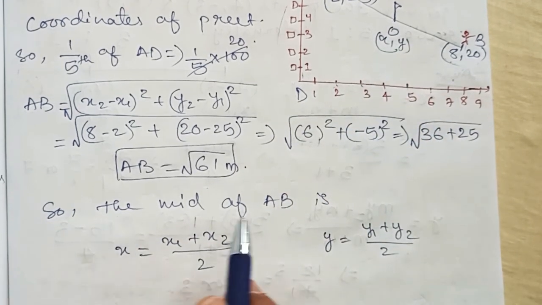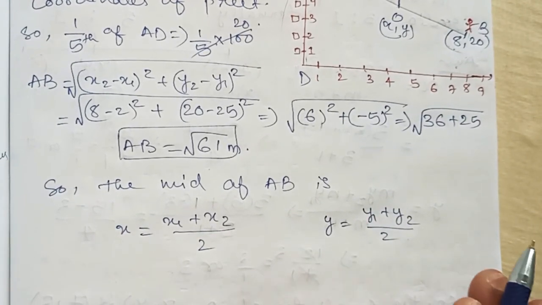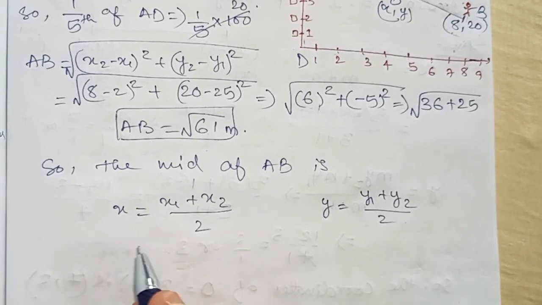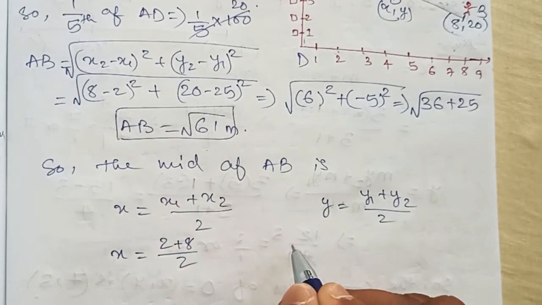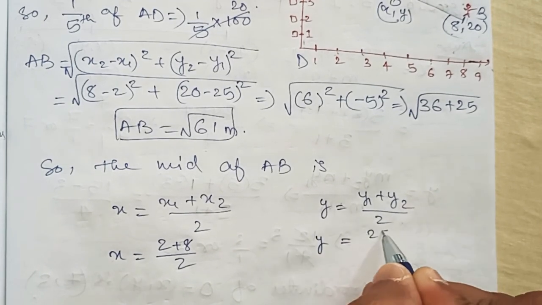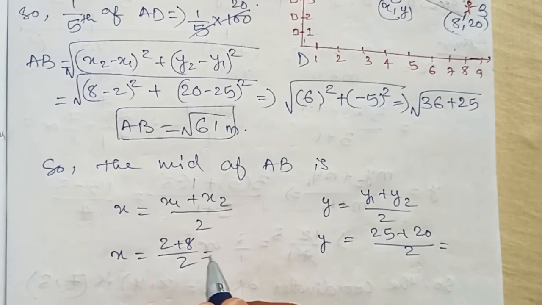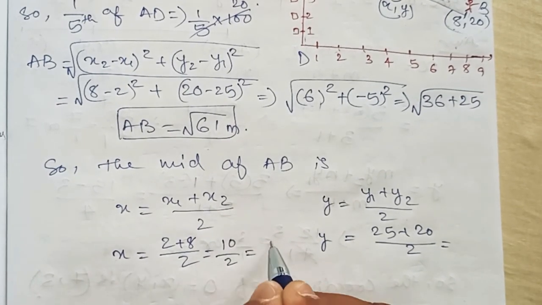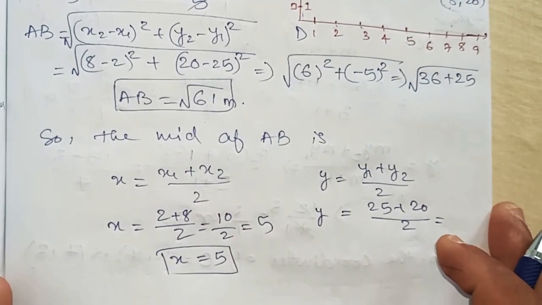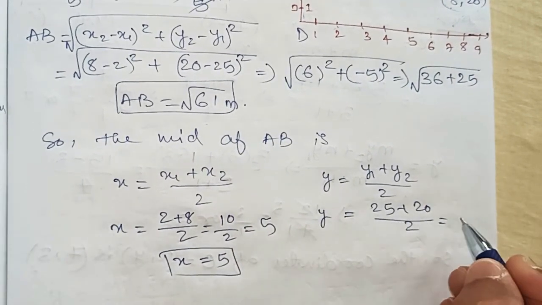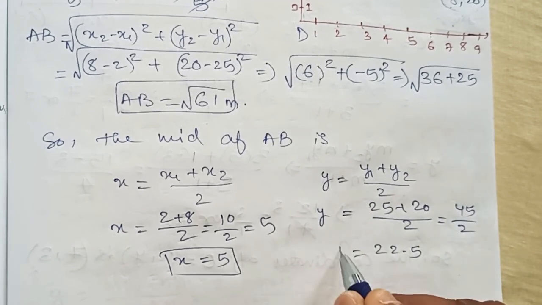Okay, so the midpoint of AB is x equals x1 plus x2 by 2 and y equals y1 plus y2 by 2. Now x equals 2 plus 8 by 2 and y equals 25 plus 20 by 2. Okay, 2 plus 8 is 10 by 2, that is 5. So x is 5 and y is 25 plus 20 is 45 by 2, that is 22.5.